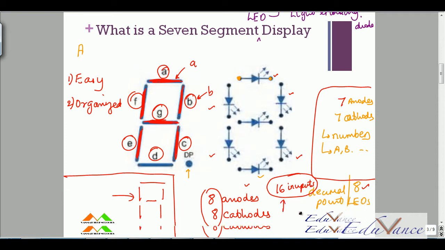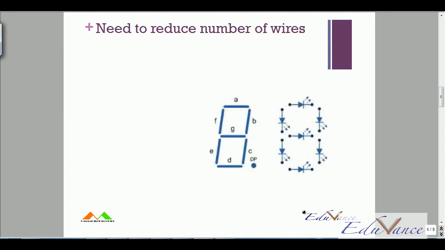So how do we tackle that? Since we have 8 anodes and 8 cathodes, just to interface one 7-segment display, I would need 16 wires which need to come to this. That is not practical. So how do we do that?